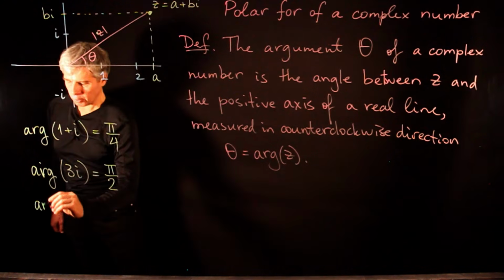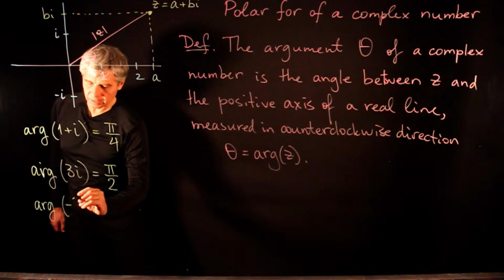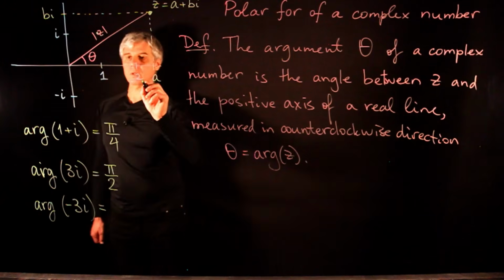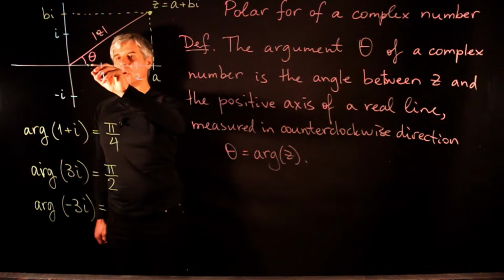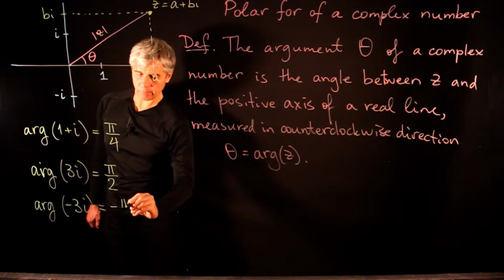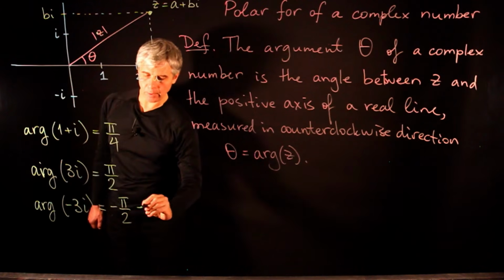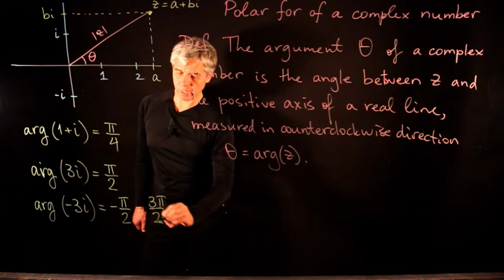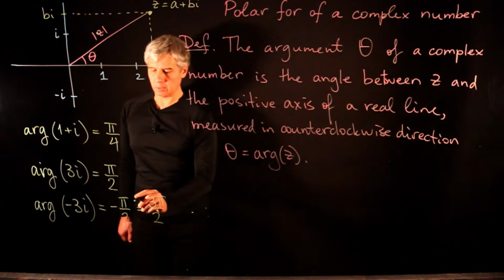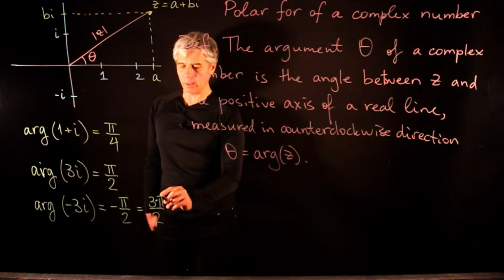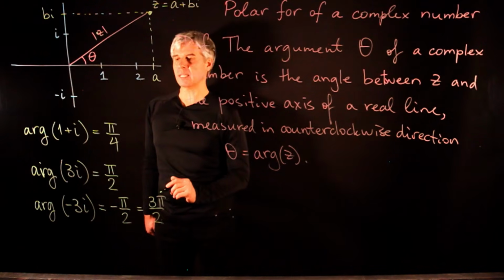So if we take the argument of negative 3i, then here we have to go in the clockwise direction. So we say that it's either minus pi by 2, or that's the same as 3 pi by 2. So when we measure angles, the angle minus pi by 2 and the angle 3 pi over 2 are the same.